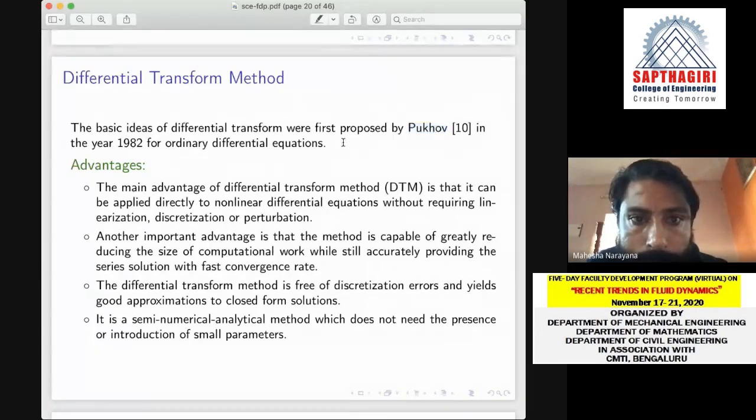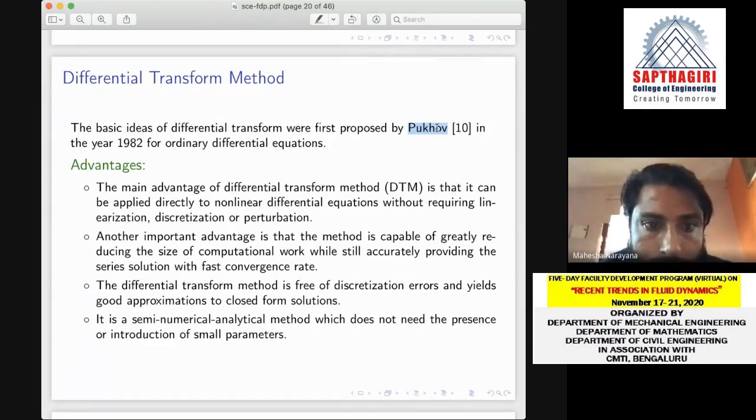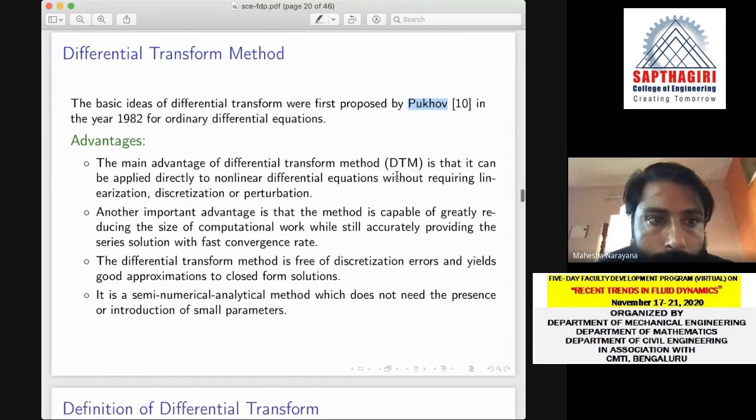It was one of the reviewers who pointed out this very first work on differential transform. So I think this is the first paper which is trying to say that the first work was presented by Foucault, not the Chinese mathematician Zhou.